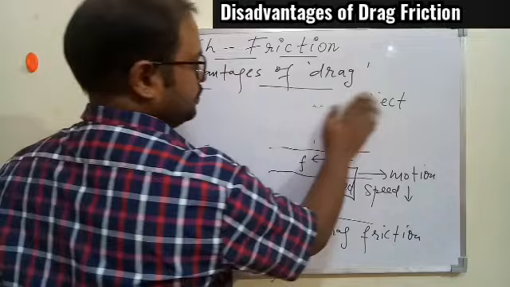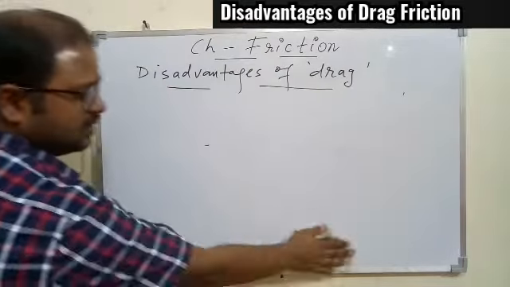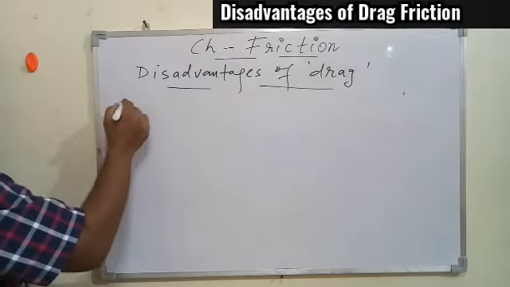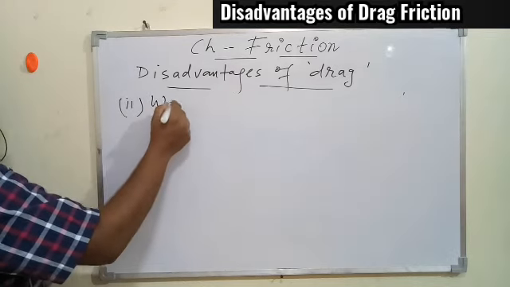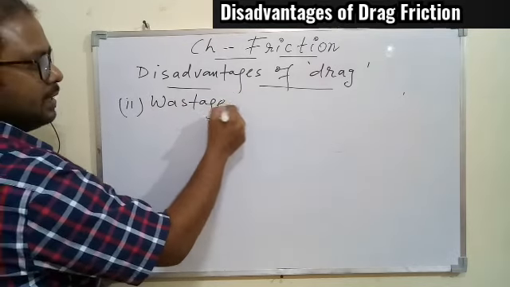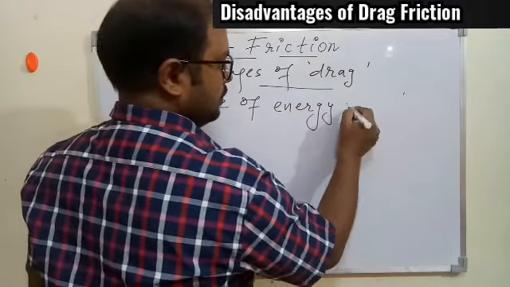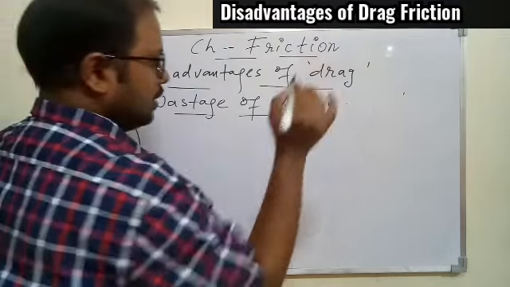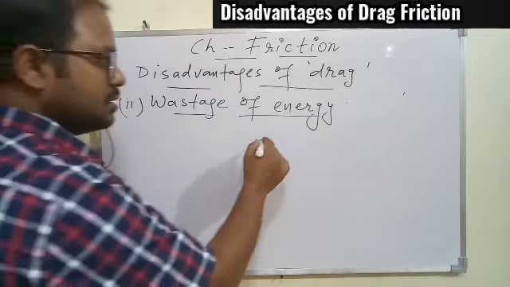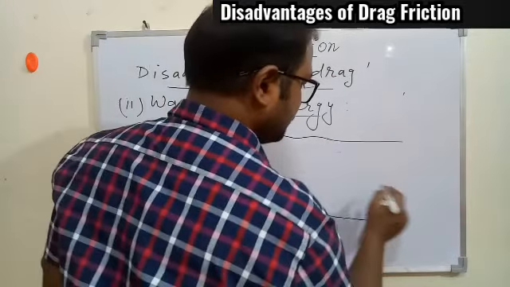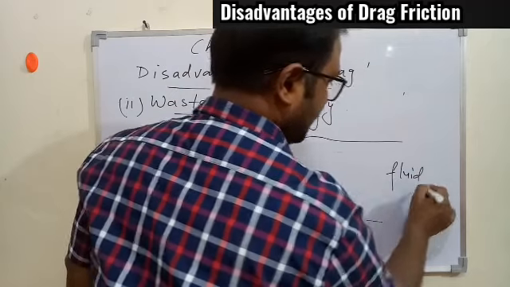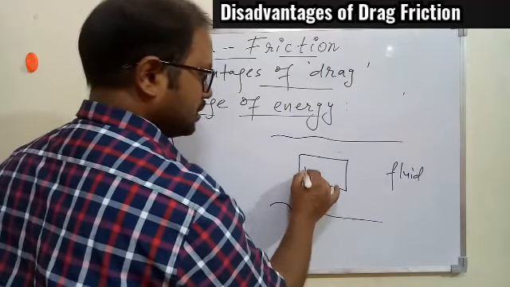Number 2, that is wastage of energy. So the concept is, within the fluid, if any object or any machine is moving, just take an example.